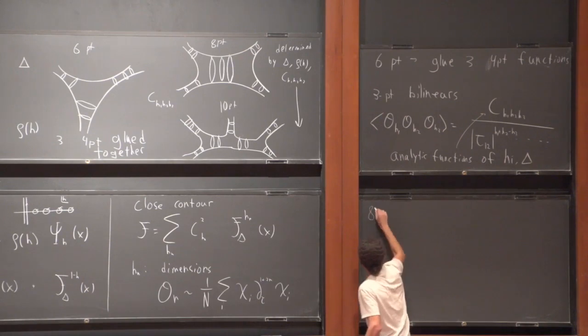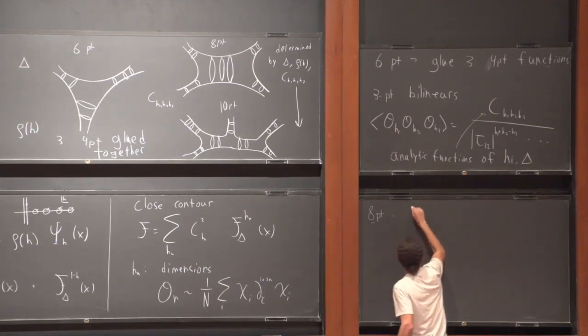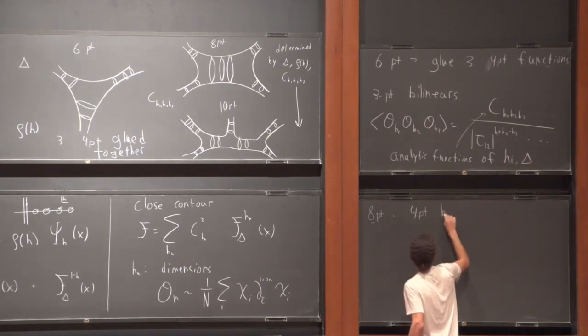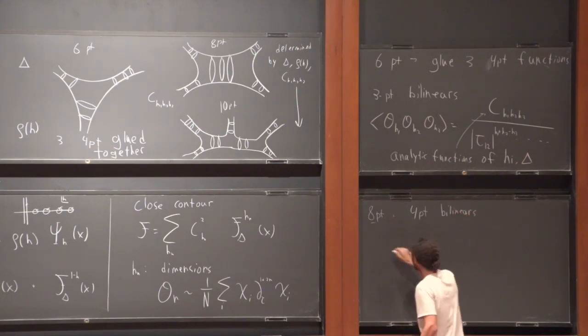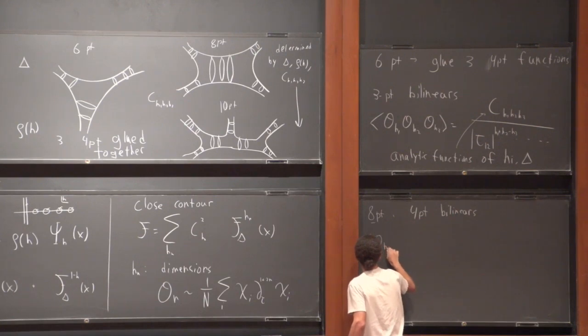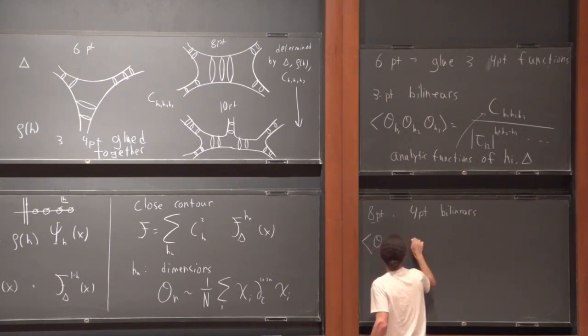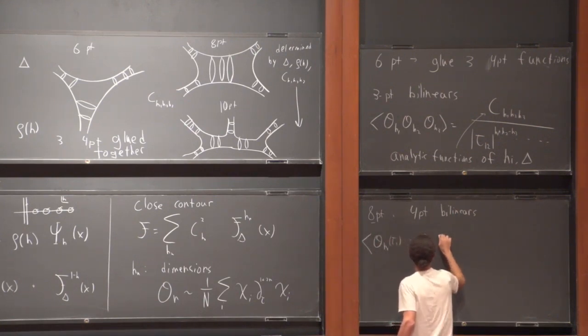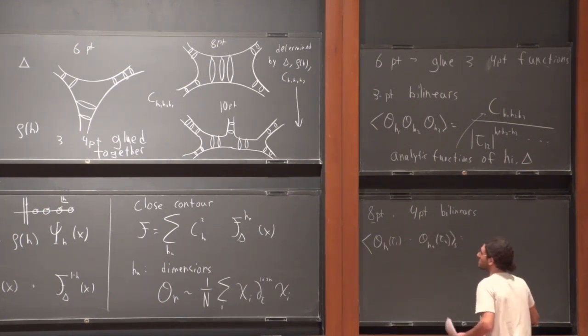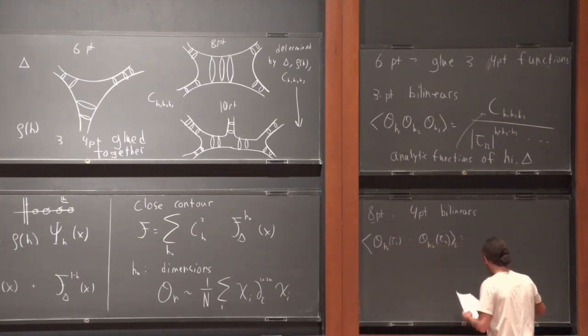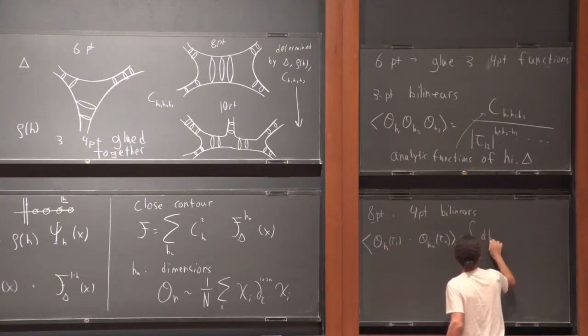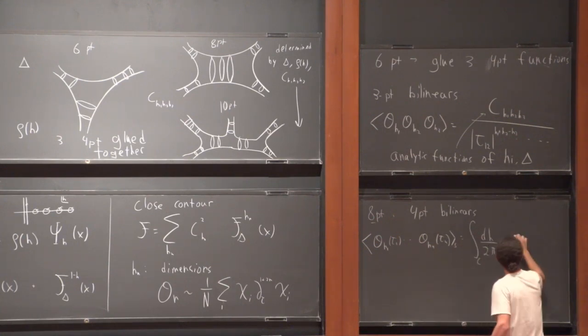So for the 8-point function, and once again, I'll write the 4-point of the bilinears. So I'm writing the result for the diagram I drew up there. It's again given by a contour integral, the same contour as before.